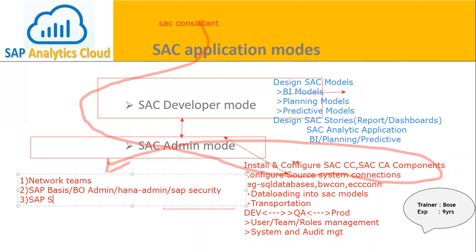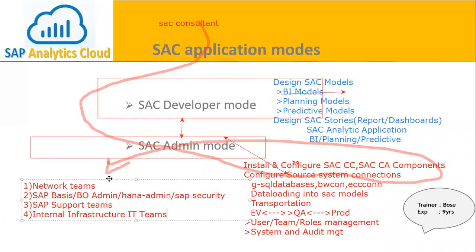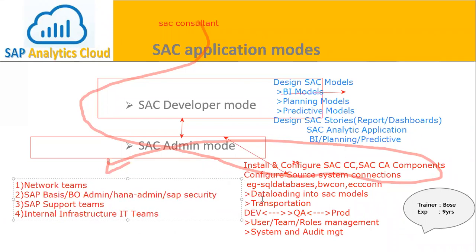If required, we need to work with SAP support teams. And we have to work with IT teams, meaning the internal infrastructure management teams within our organization. If you get any issues with your laptop or desktop access or network issues within our organization, we'll raise a ticket to our IT team. This is how we need to collaboratively work and get things done.